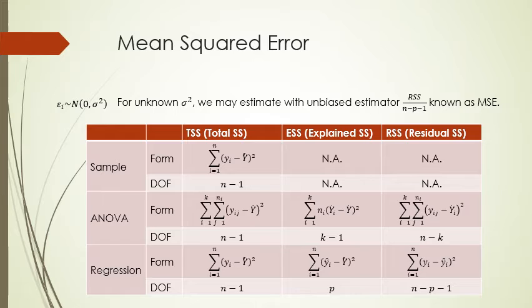In ANOVA, k is the number of groups and ni is the size of group i. Similarly, the explained sum of squares has k-1 degrees of freedom for k groups. Thus, the residual sum of squares, representing the variation that cannot be explained by the model, has (n-1) minus (k-1), which is n minus k degrees of freedom.